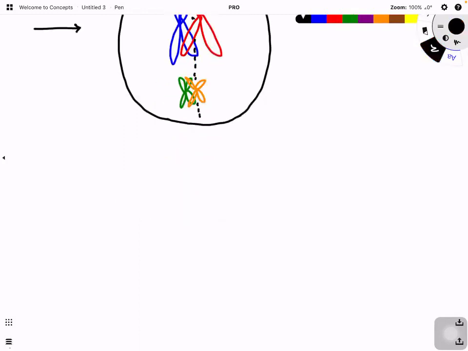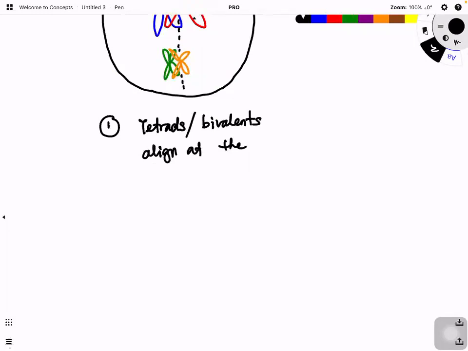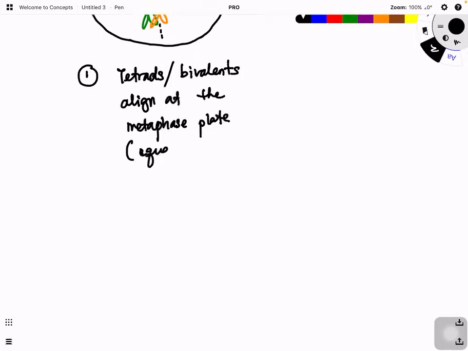So we say that the tetrads or bivalents align at the metaphase plate, or equator of the spindle. It's the same thing. Sometimes you can use the words equator of the cell or equator of the spindle.